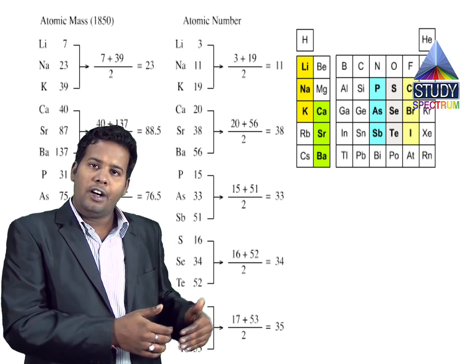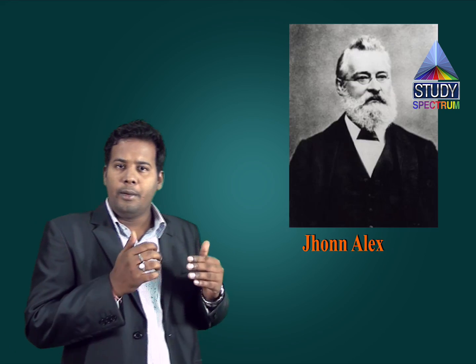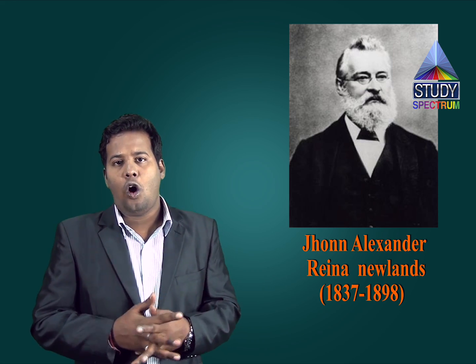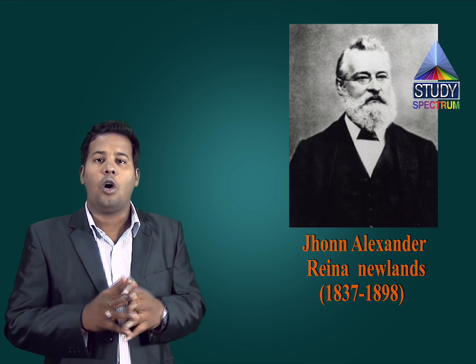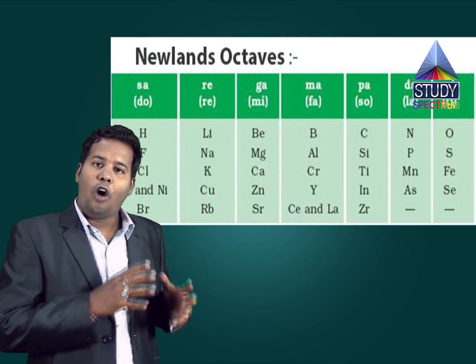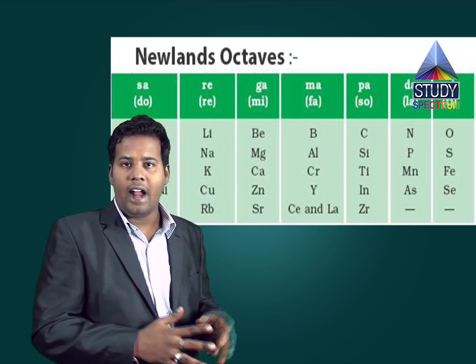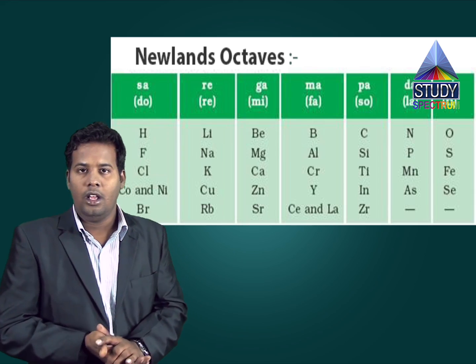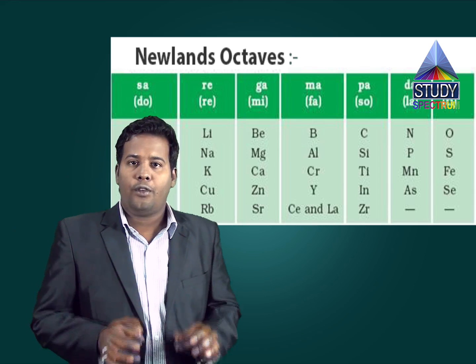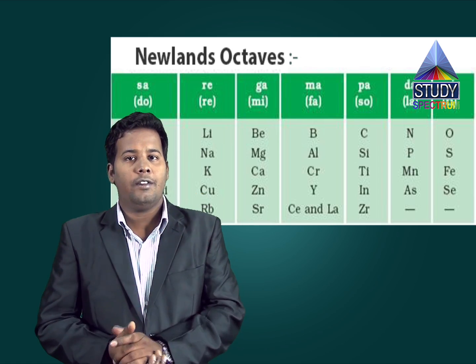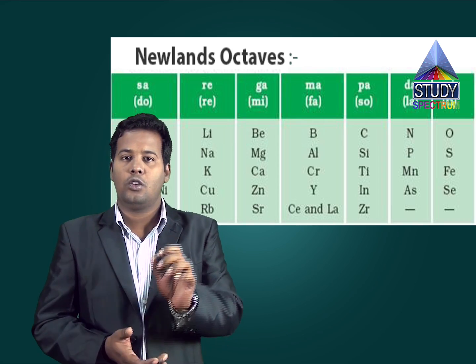Now, after Dobereiner, Newland, a British scientist from London, came and he gave a law which was called the law of octaves. He formed a periodic table in which 7 different groups were there and 3 periods were there. In this law of octaves, he stated that every 8th element will show similar properties to the first element.